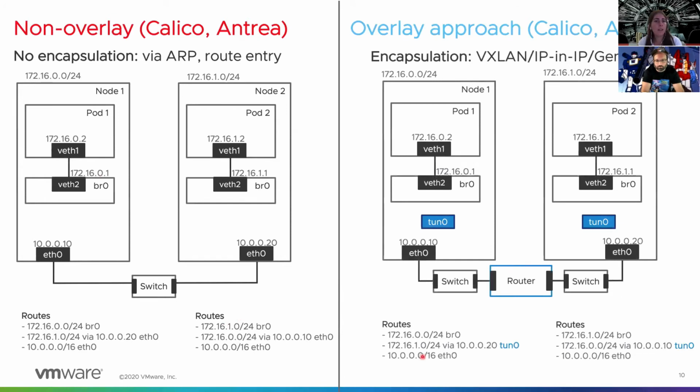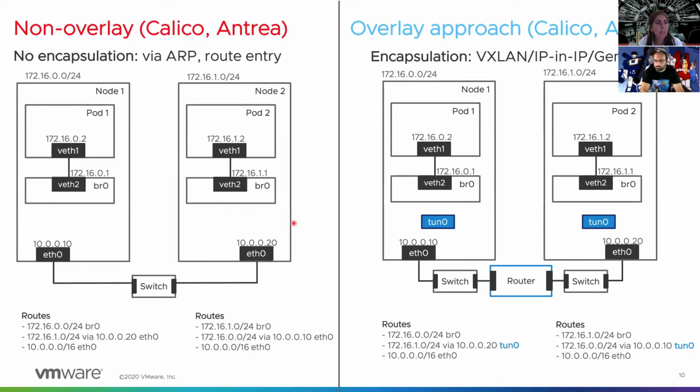So if, for example, a non-overlay network is not an option for you because you are sitting on different subnets, or you don't have any control in the underlying network and cannot do layer 3 networking, overlay is the way to go. And encapsulation can be done in many ways.